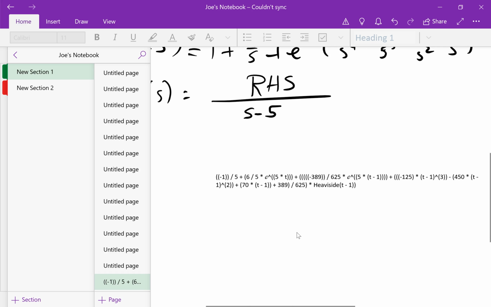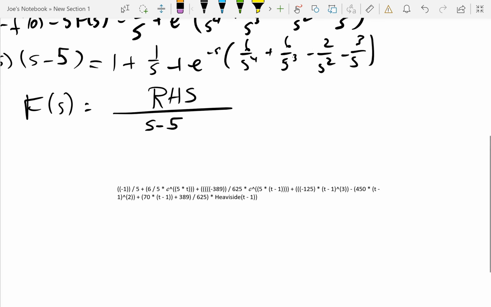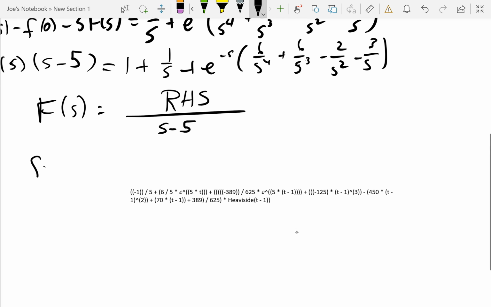So the solution would be f of t is equal to negative 1/5 plus 6/5 e to the 5t.